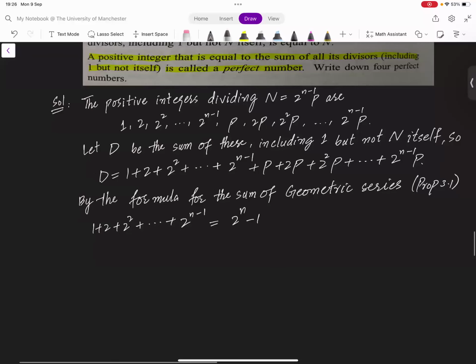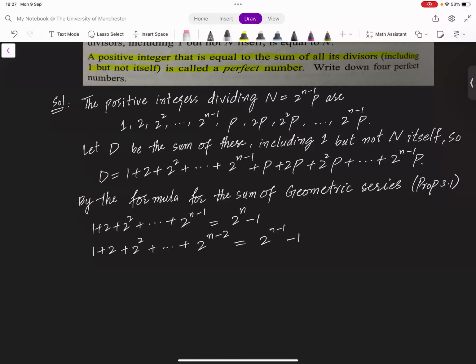So 1 plus 2 plus 2 square up to 2 power n minus 2 is nothing but 2 power n minus 1 minus 1.